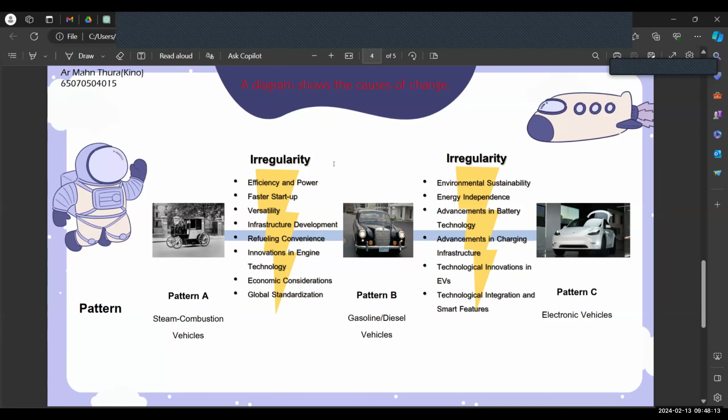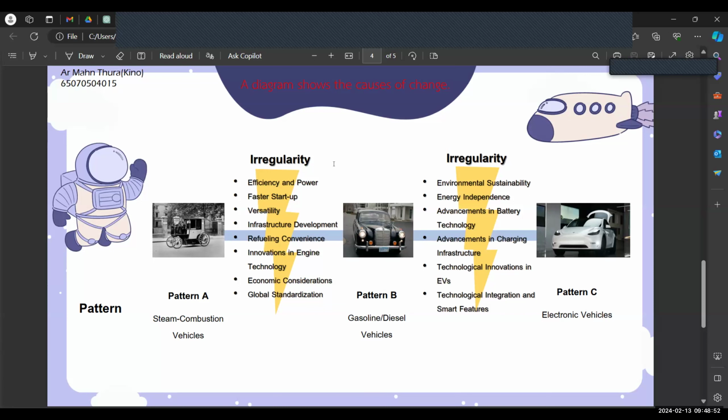And then the faster startup, the versatility, and the development in infrastructure, so it's way more convenient to use gasoline and diesel vehicles. And there are other factors like technological advancements and other economic considerations. So those are the factors that changed steam combustion vehicles into gasoline and diesel vehicles.